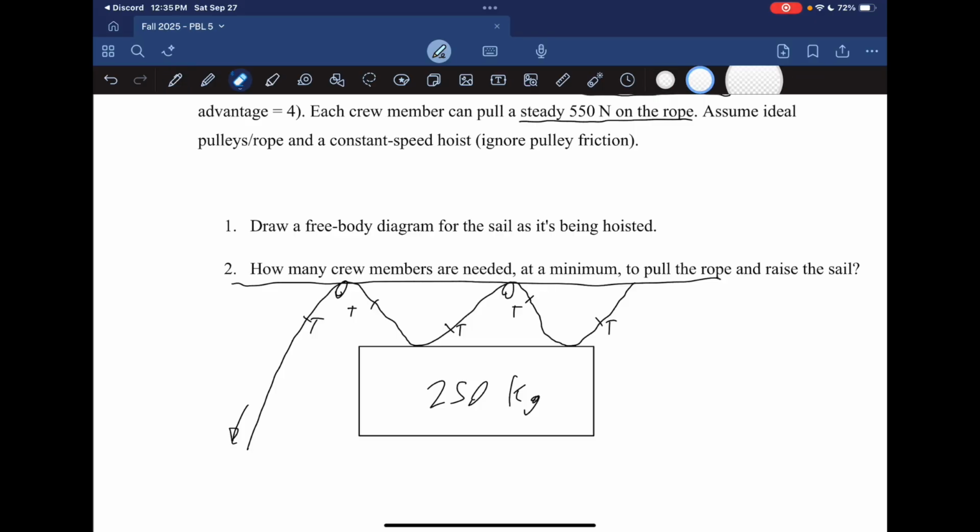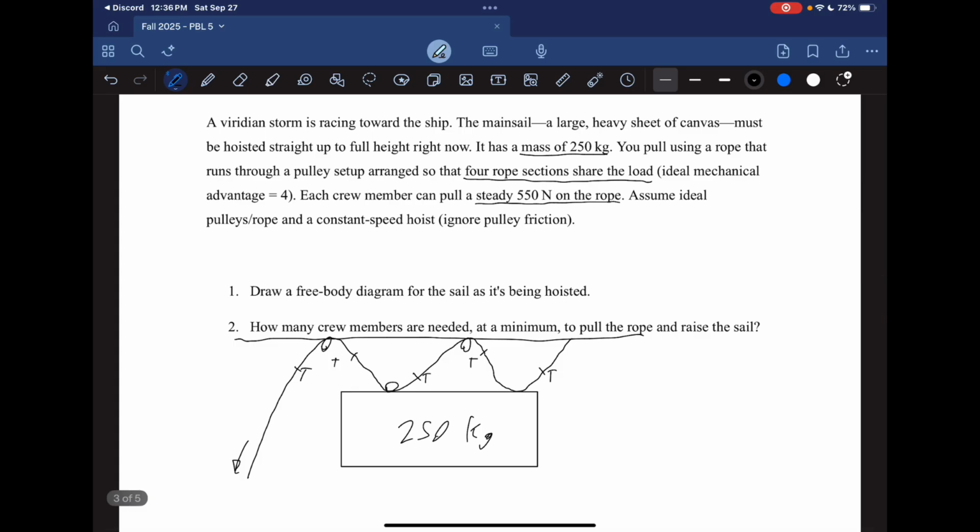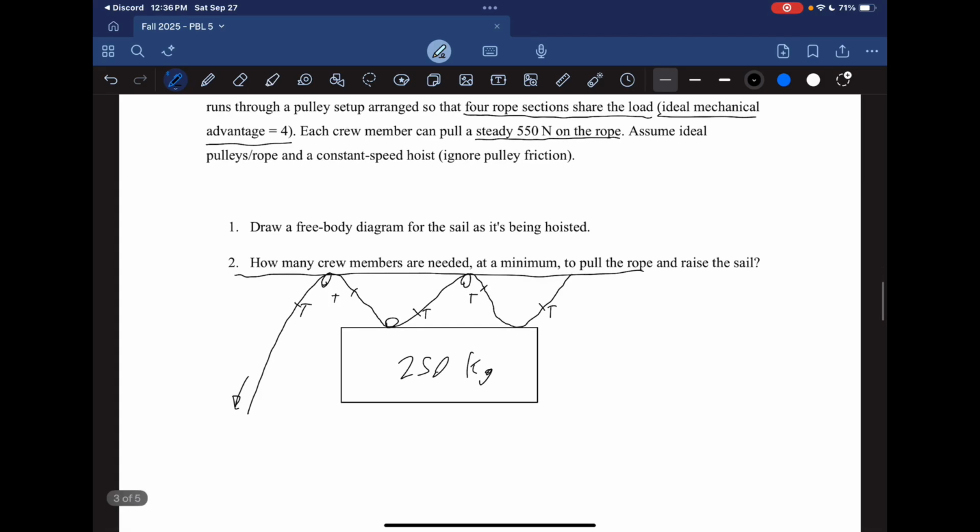So in this case, I think we have one too many T's, and I also accidentally erased a pulley. No, we have the right amount of T's. The important thing is that the ideal mechanical advantage is equal to 4.